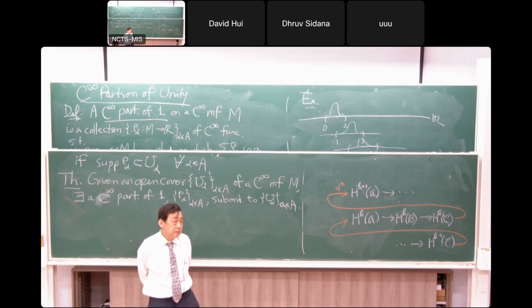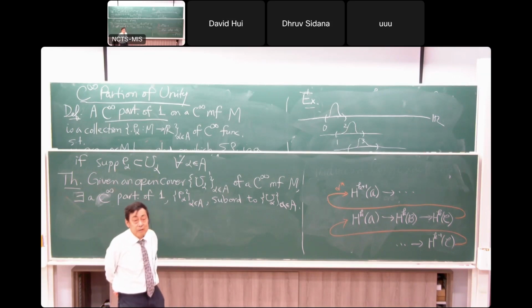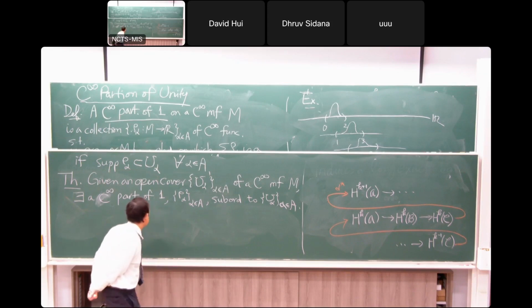However, in the continuous category, if you consider topological manifolds instead of C infinity manifolds, there is a continuous partition of unity. Okay? So some theorems of topological manifolds will also work for C infinity manifolds, but not for holomorphic manifolds or complex manifolds.